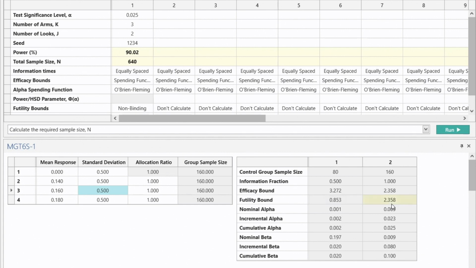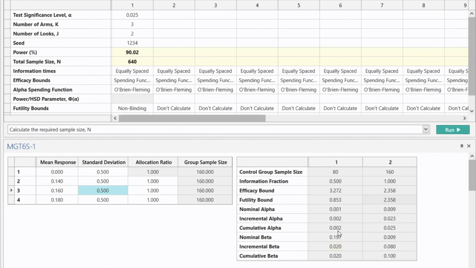We can then see that at the final analysis, if the maximum effect is above 2.358, we would find the results significant, and that at least one group, and indeed the maximum group, would be effective, and if it was below 2.358, we would find the opposite and find for non-significance. You can see that we spent 0.02002 alpha at the first look and around 0.02 of our beta at the first look as well.